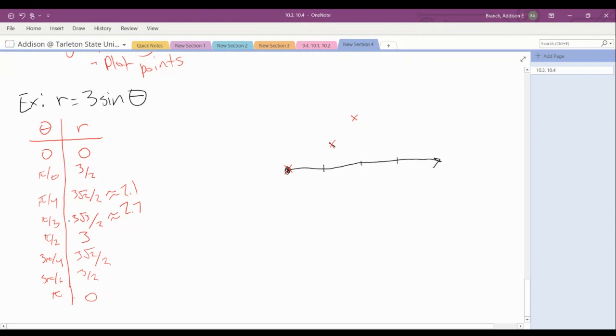Then we have pi over 3 and 2.7, so a little bit below 3, and up a bit higher. Then we go straight up at pi over 2, and we get a radius of 3.